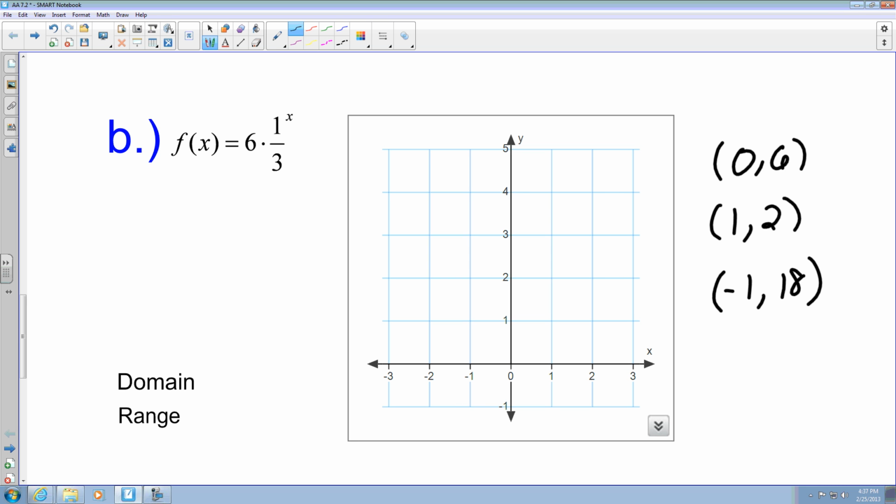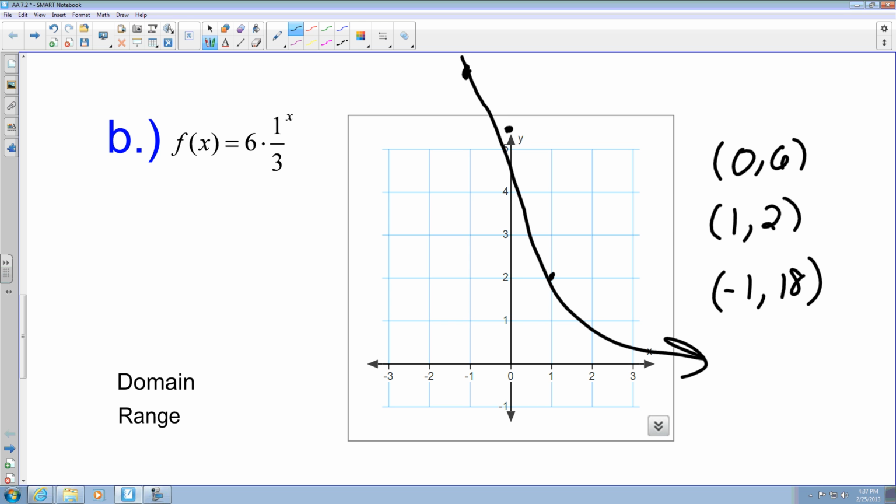If I plot these, negative 1 is way up there somewhere, 0, 6 is still off the board here, and then 1 comma 2 is somewhere right around there.